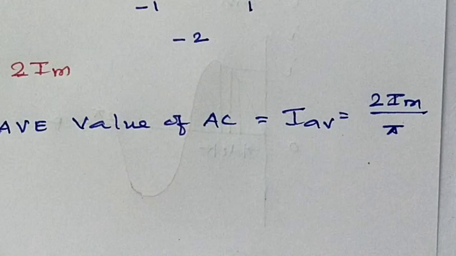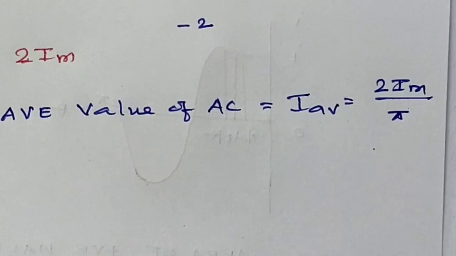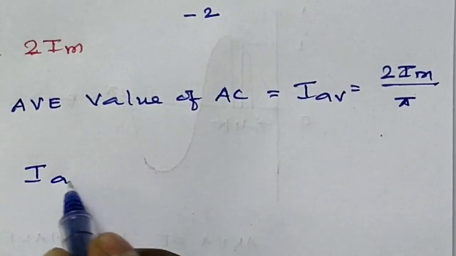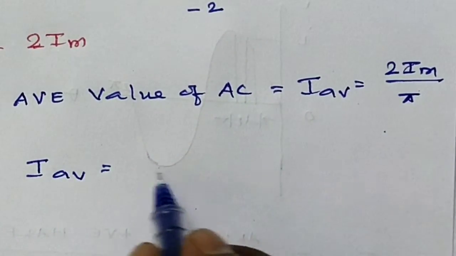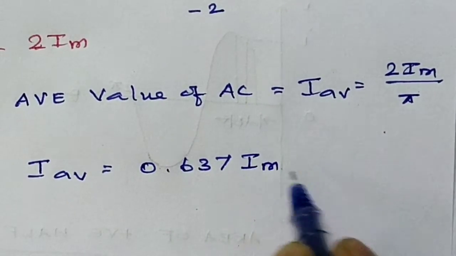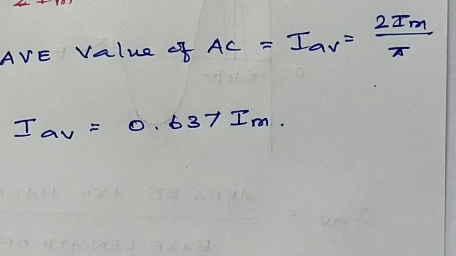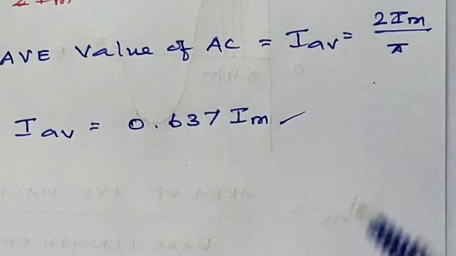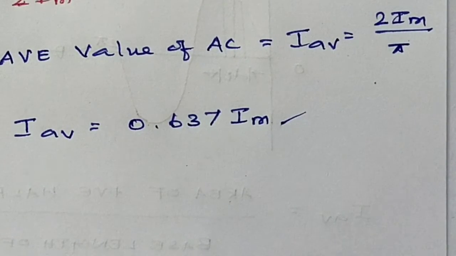Taking pi as 3.14, we get the I average value as 0.637 Im. So the average value of the AC is 0.637 times the maximum value Im.